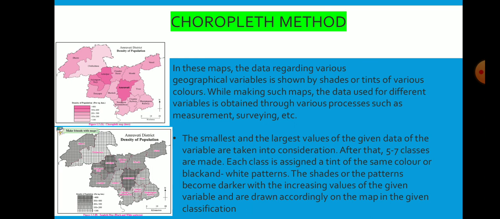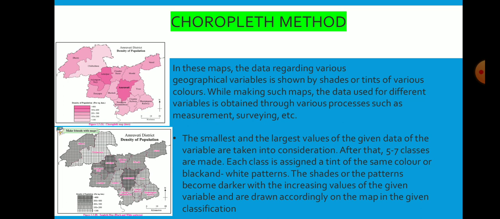Next is the choropleth method. Okay, everybody see the map. Here we have used color and black and white patterns also. Correct? In the choropleth method, the data regarding various geographical variables is shown by shades or tints of various colors.